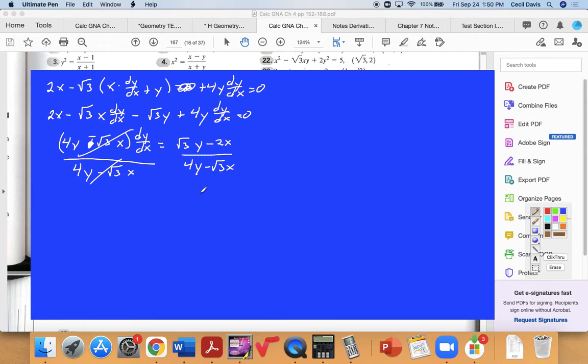Is there a negative sign in front of the square root of 3 here? I mean, there's several square roots of 3 here. Yeah, that's a minus square root of 3x.